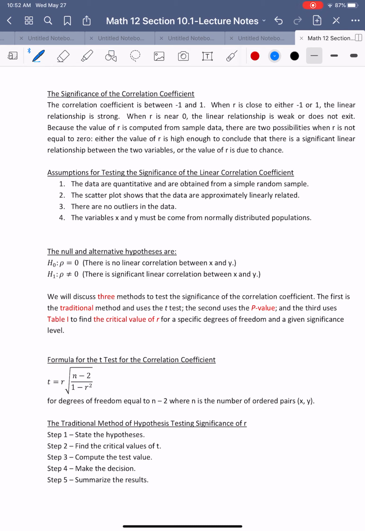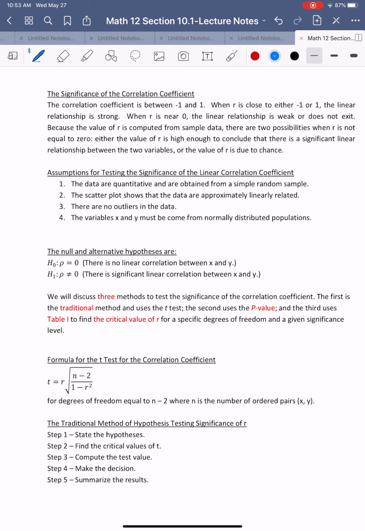Assumptions for testing the significance of the linear correlation coefficient. Number 1, the data are quantitative and obtained from a simple random sample. Number 2, the scatter plot shows that the data are approximately linearly related. Number 3, there are no outliers in the data, because outliers affect the data dramatically.